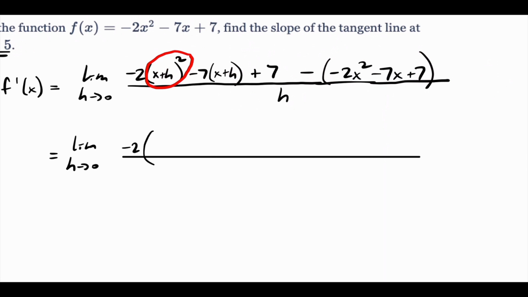-2 times, when I multiplied that guy, I got x squared plus 2xh plus h squared, right? That's what I got.